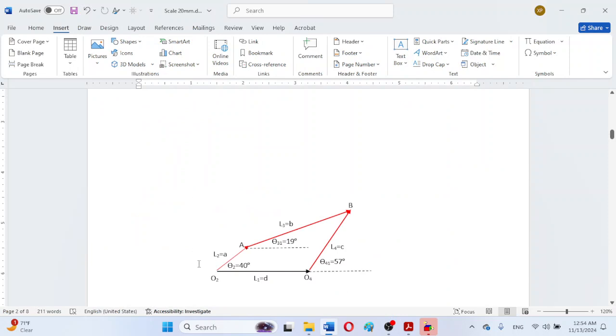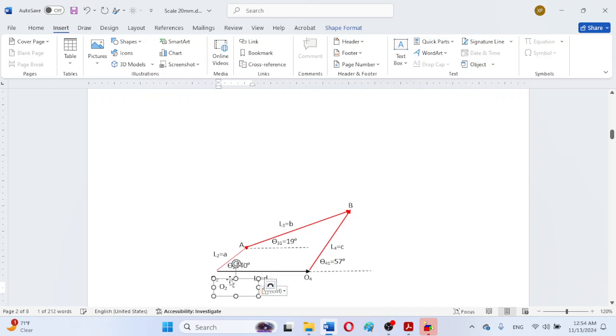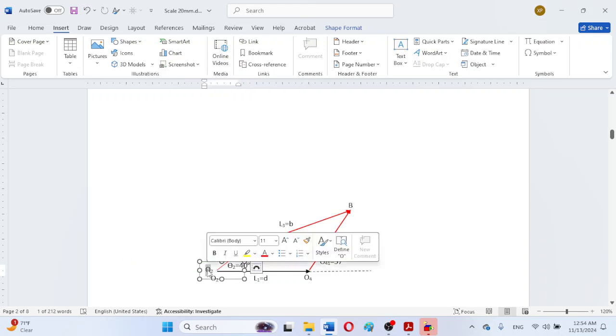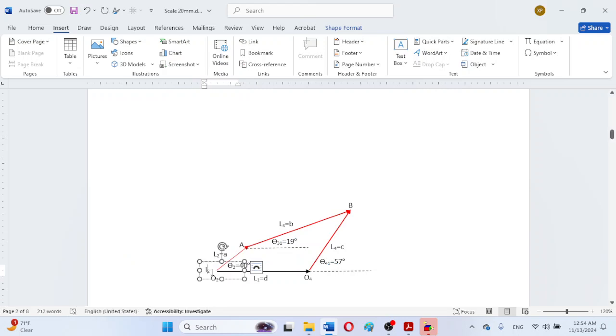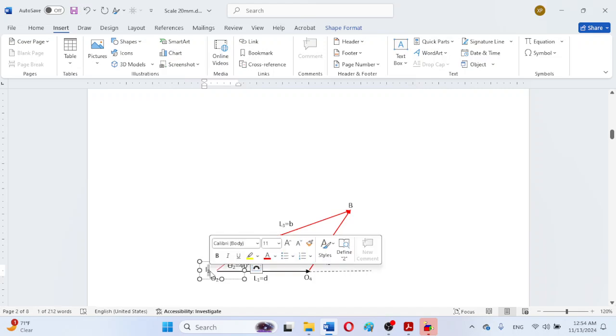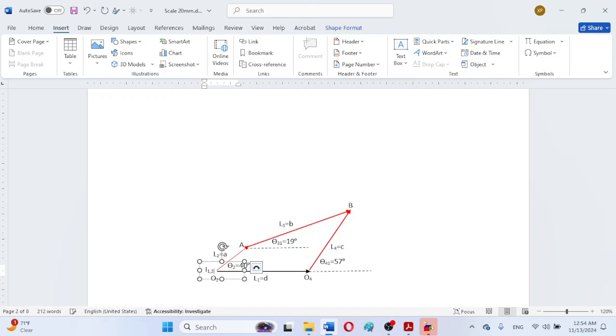For example, I can copy this label and paste it here, and type that because this is directly connecting link number 1 and link number 2, we can orderly type link number 1 comma 2.